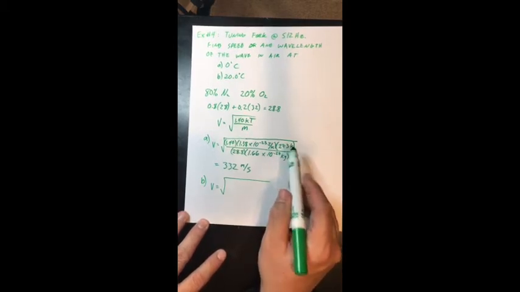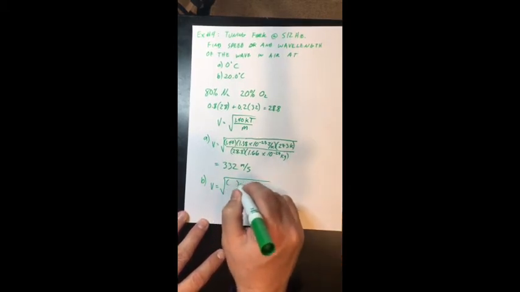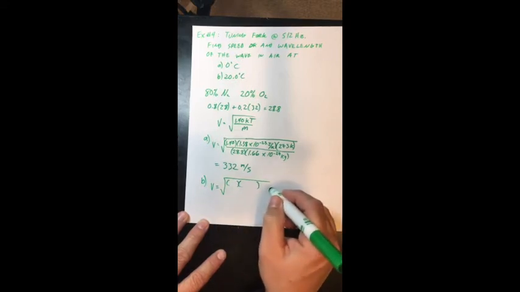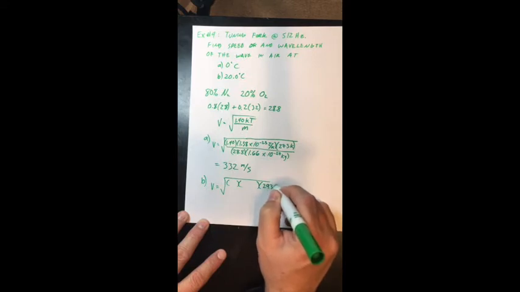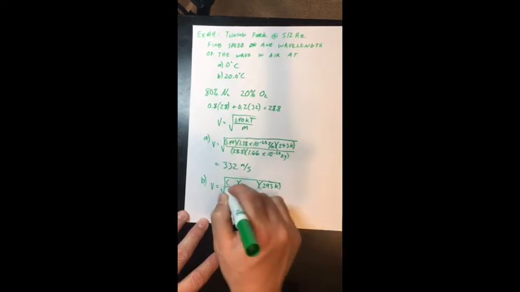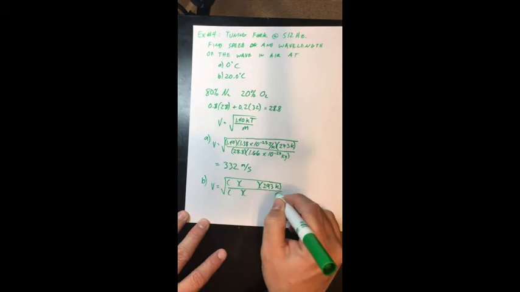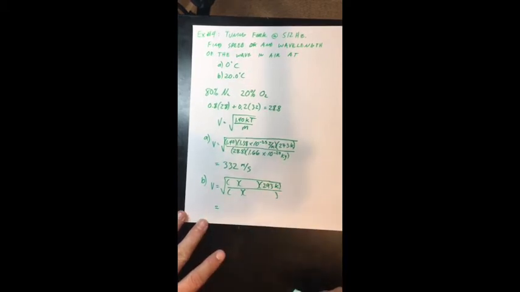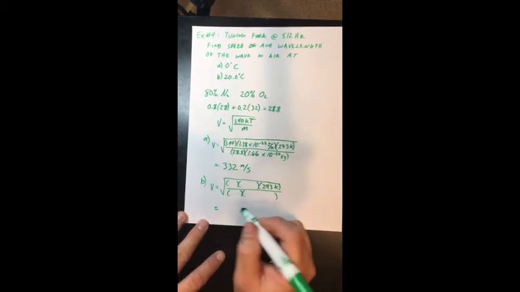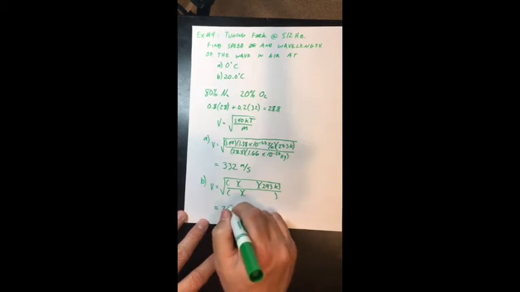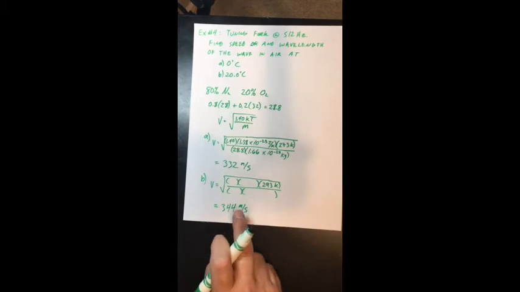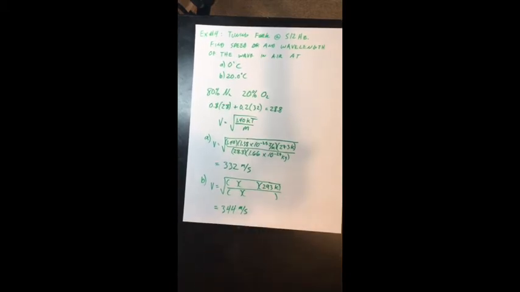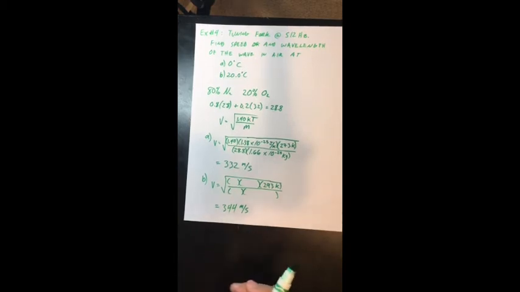Instead of 273 K, this becomes 293 K, but every other part of this is exactly the same. So the speed goes from 332 meters per second to 344 meters per second. This will be our kind of standard speed of sound in air for most cases for us.